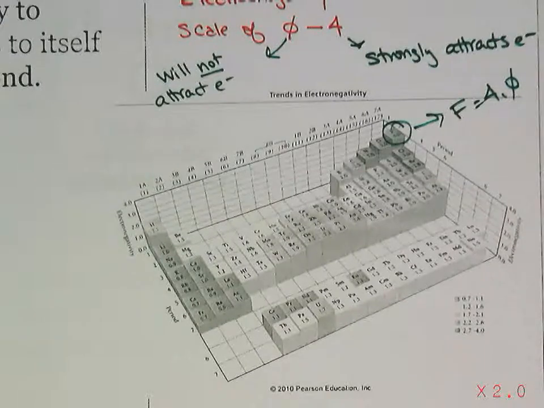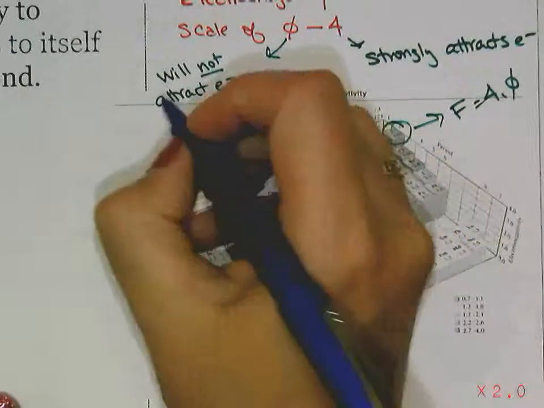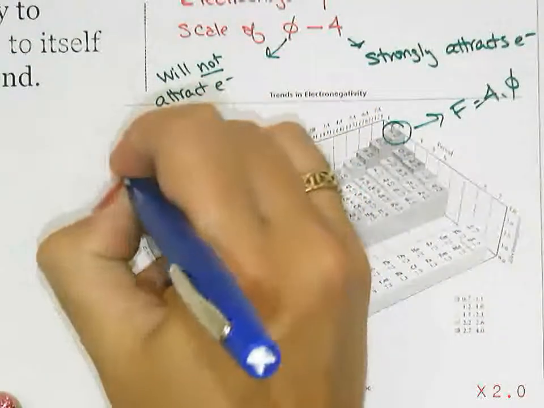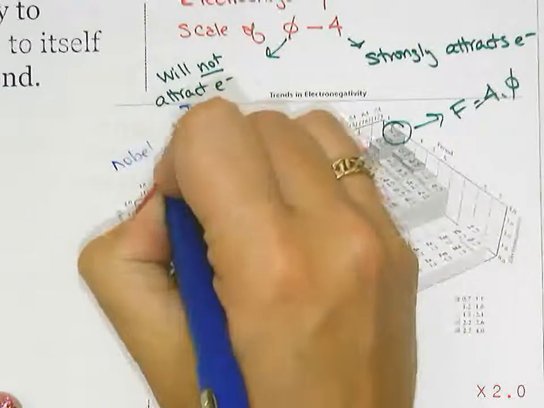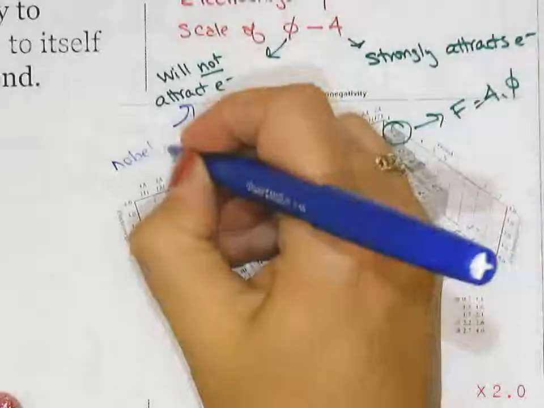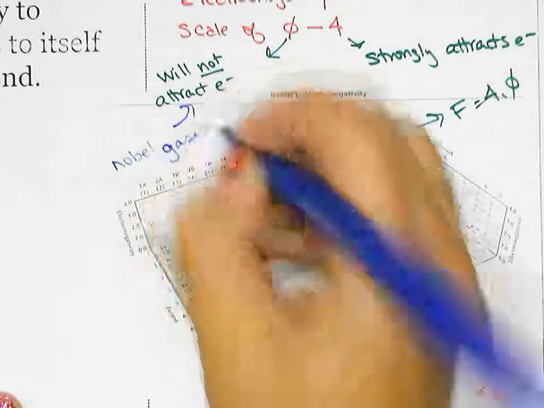What column should have the least electronegativity, the least likely to pull an electron to itself? Noble gases. In fact, they're not even on here. That's how unlikely they are. Noble gases are going to be zeros. All right, so noble gases are unlikely.